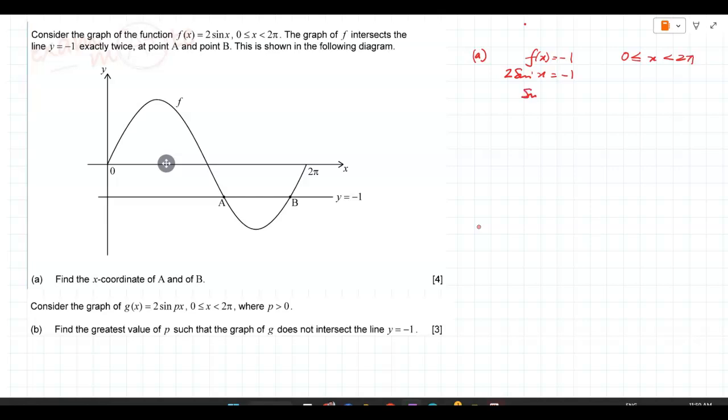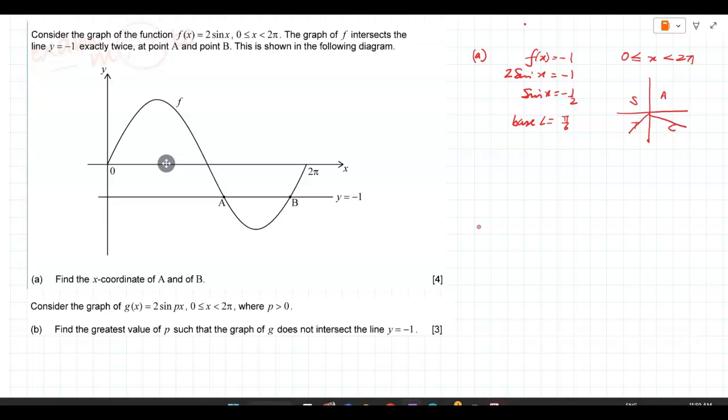So sin x is equal to minus half. If you look at the CAST diagram, sine is negative in the third and fourth quadrants. And your base angle is what? 30, no, pi by 6. Think in terms of radians.